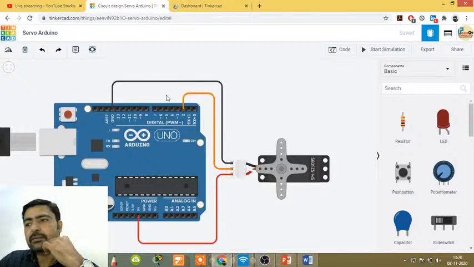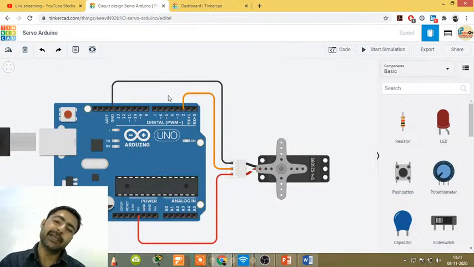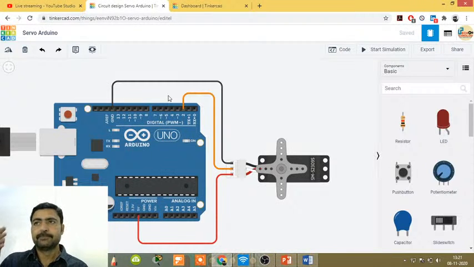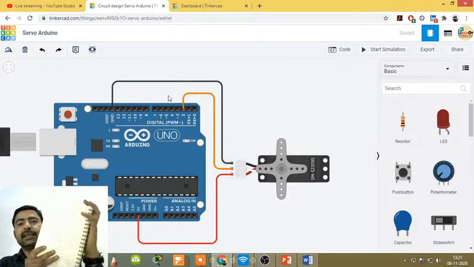There are conditions or projects where we need to operate a motor or operate something at different angles. Let's say you want to make one door which opens at different angles.